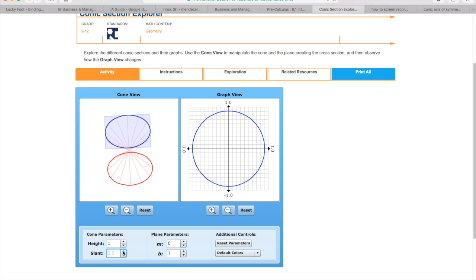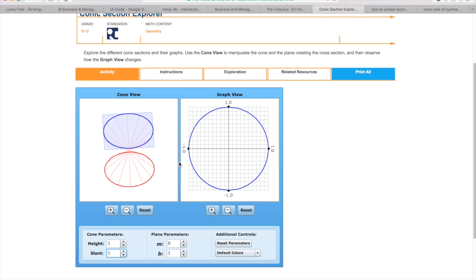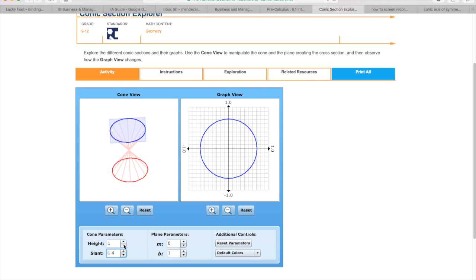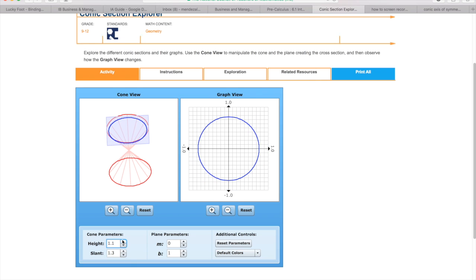Let's change the slant. No effect. It is still a circle, but the radius is changing. The height, absolutely no change. Of course, in the circle, the cut is being shifted.